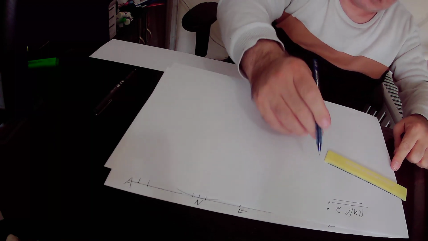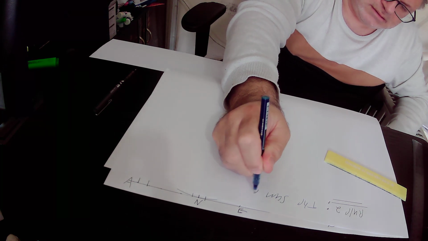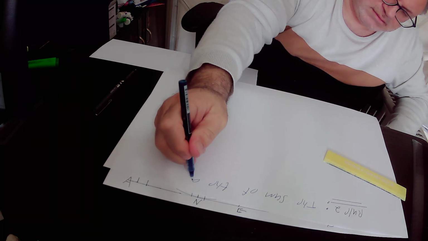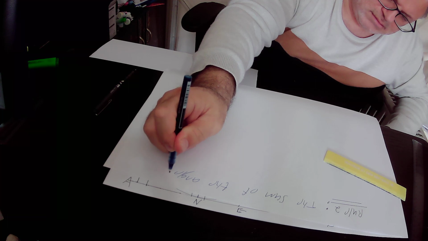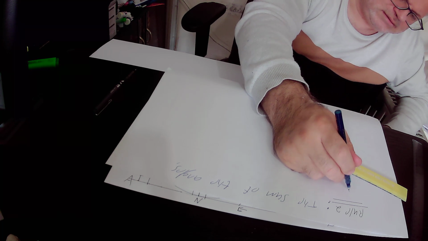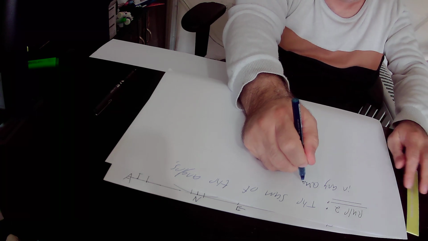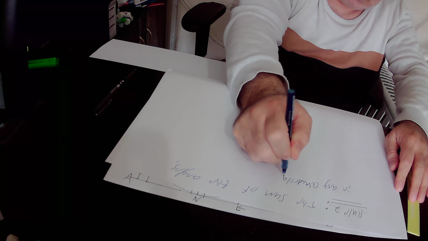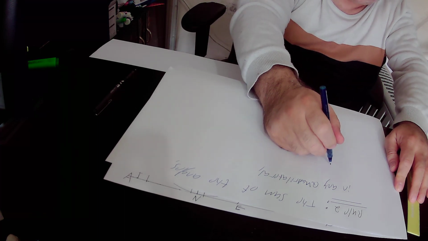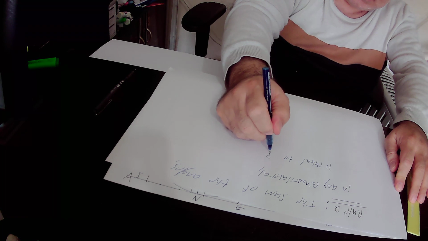Rule number 2 states that the sum of the angles in any quadrilateral is equal to 360 degrees.